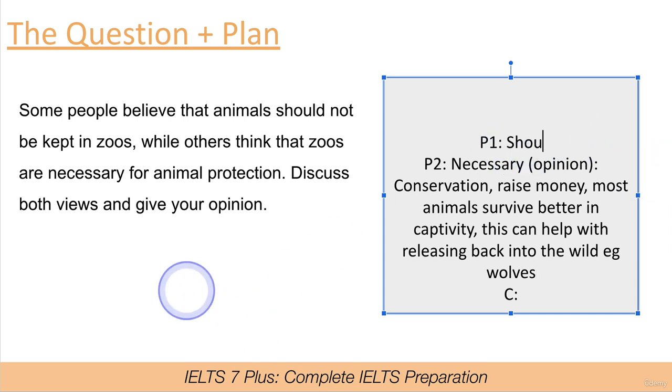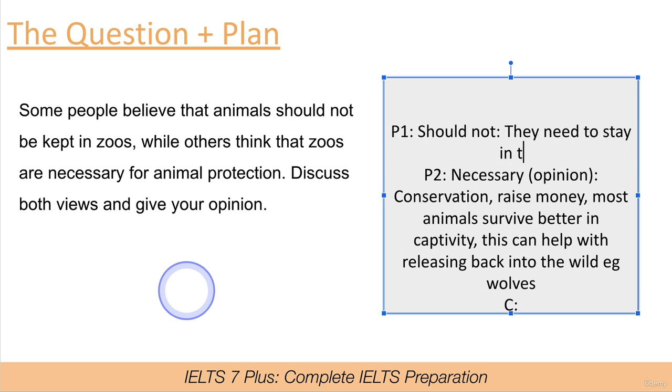Okay, so the other side then, the first paragraph, animals should not be in zoos. Well, animals should not be used for monetary gain. So we could say should not, they need to stay in the wild.